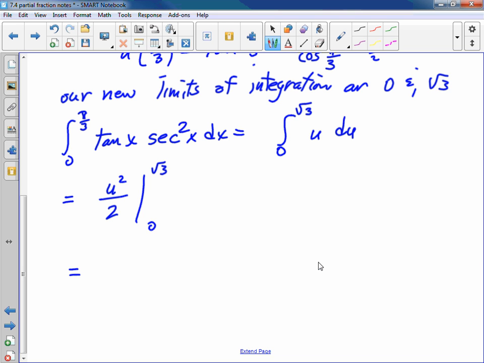Okay, so plug them in. Square root of 3 squared over 2, minus 0 squared over 2 equals 3/2.